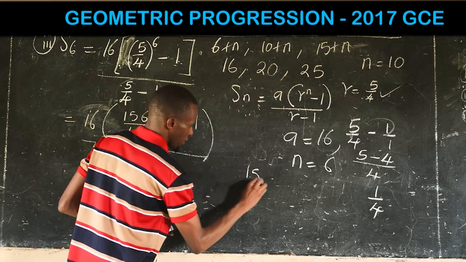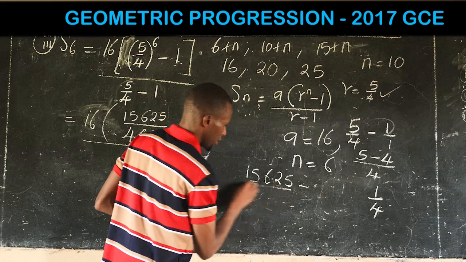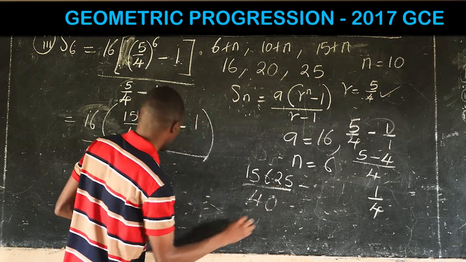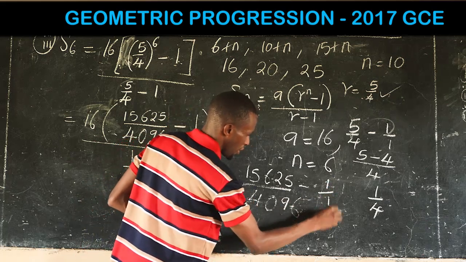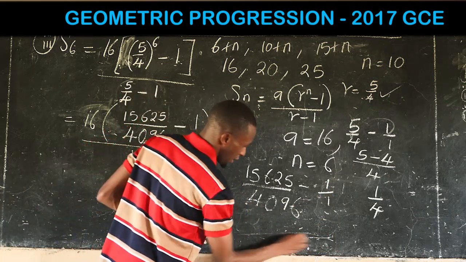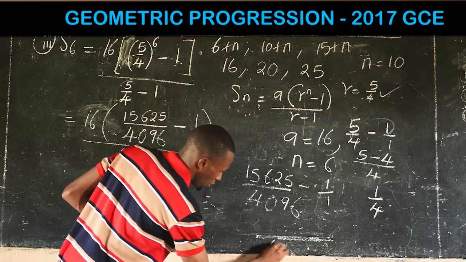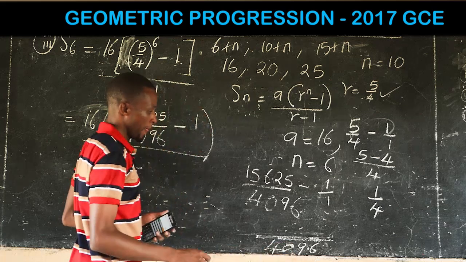So we're having 15,625 divided by 4,096. So this over 1, the common denominator will be this number here, 4,096.